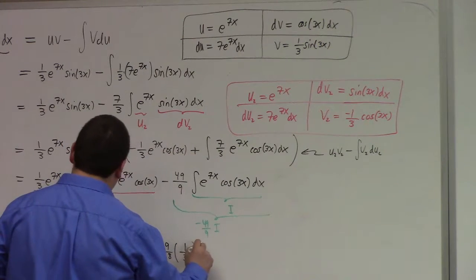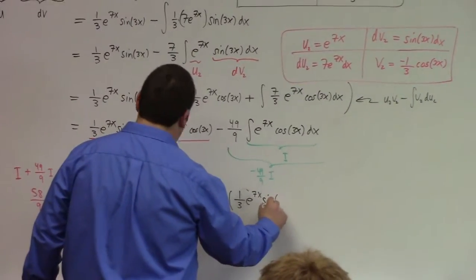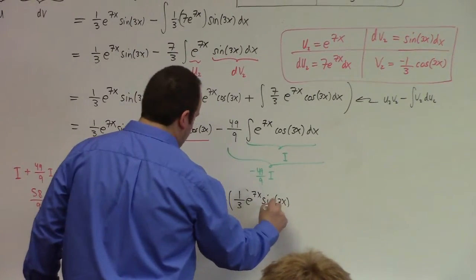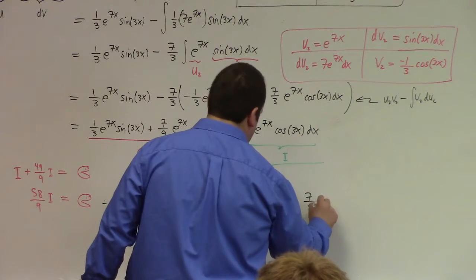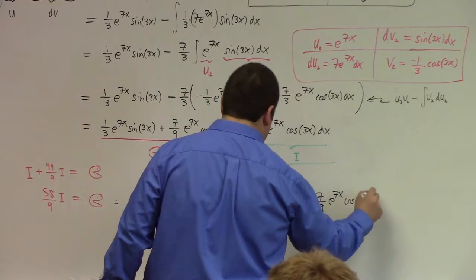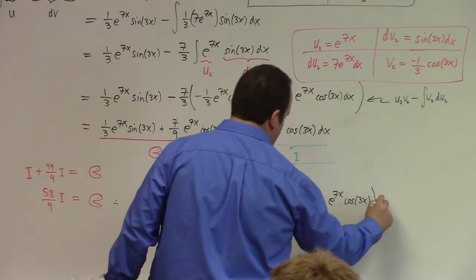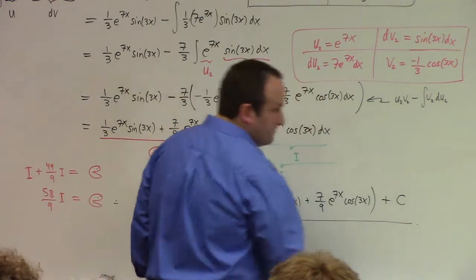I mean, you could simplify this a little bit further. I'm just not, because I want you to see what I did. Sine of 3x plus 7/9 e to the 7x cosine of 3x. And then plus a constant, because we were doing indefinite integration. There you go.